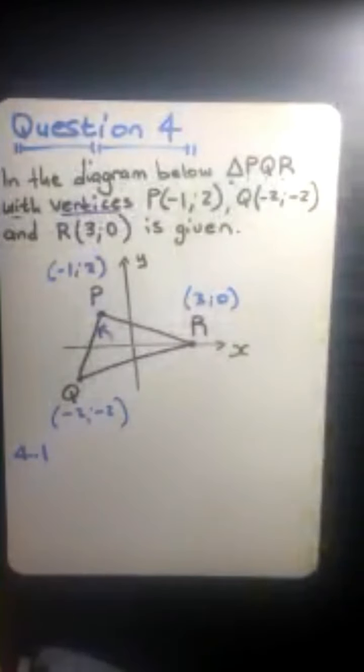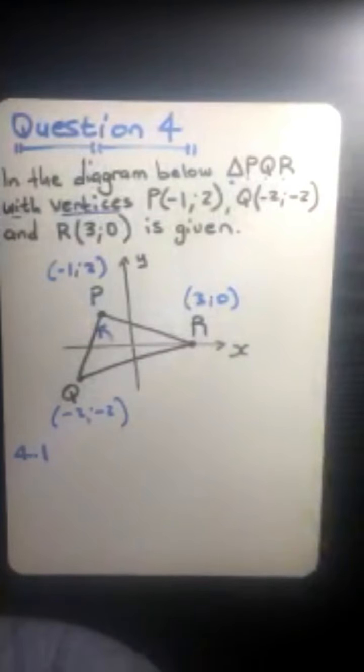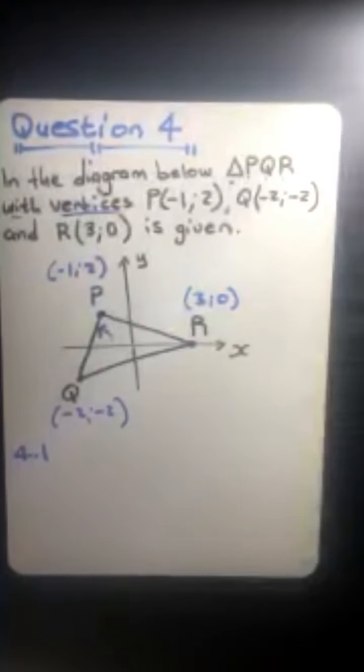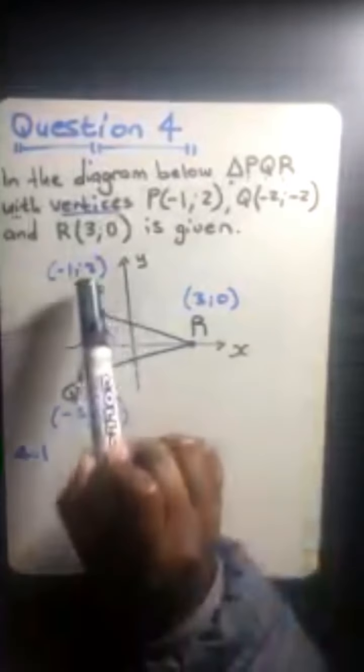I've been preaching that in analytical geometry, whatever the question is, for example determine the coordinates of M, the midpoint of PR, ask yourself this question: do I have two things?